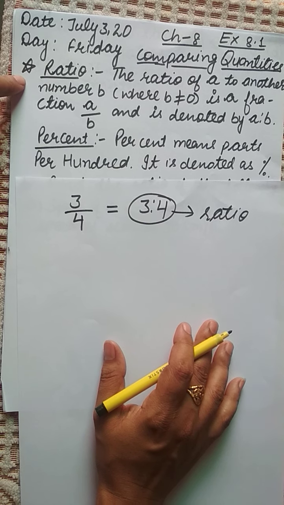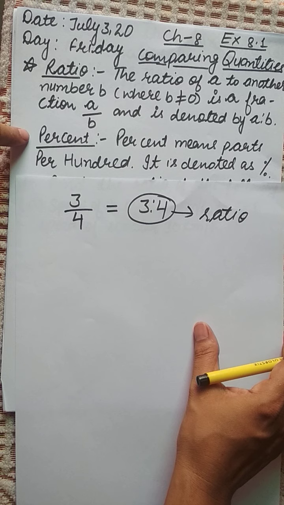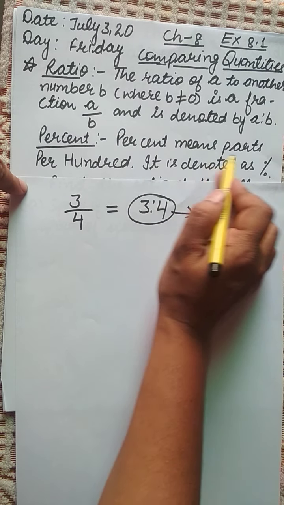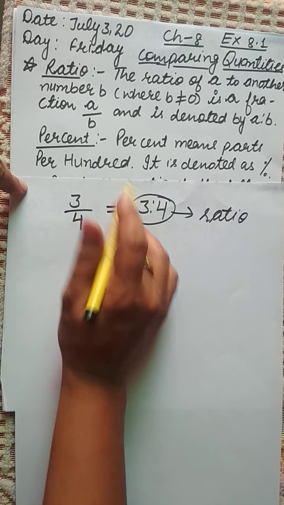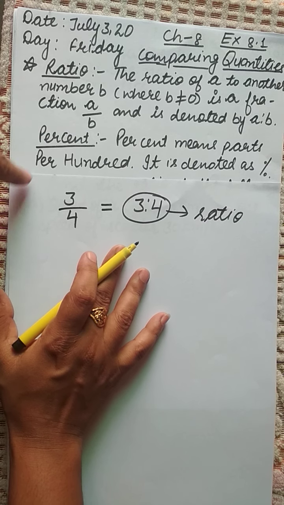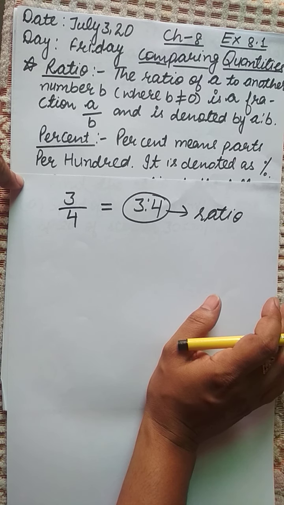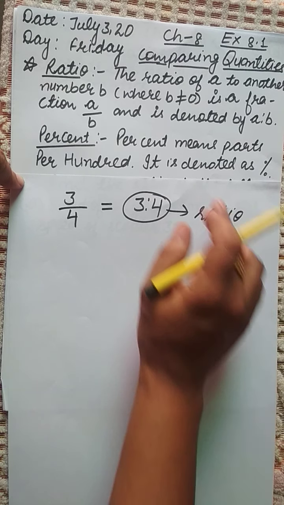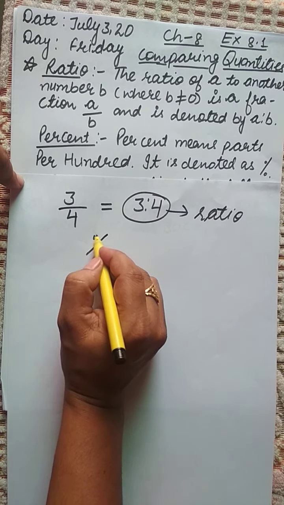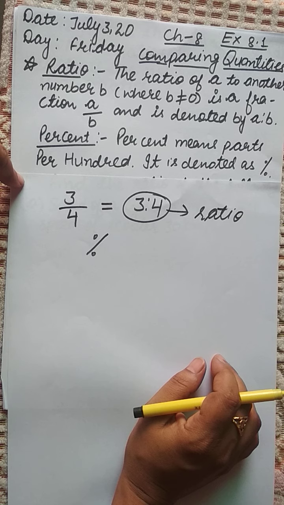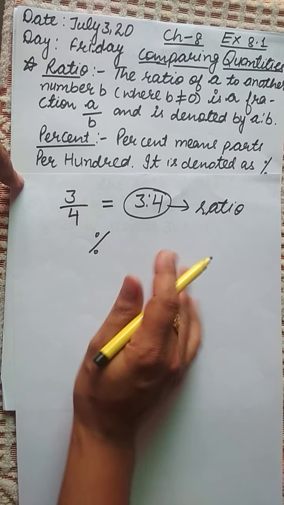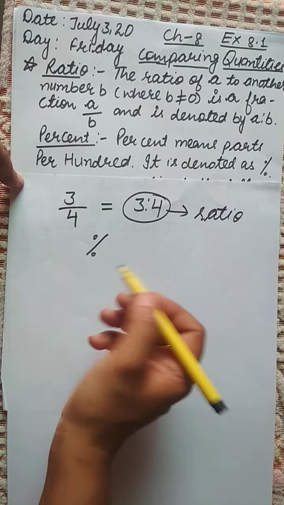Percentage. Percent means parts per 100. Whenever we want to find out the percentage, we simply multiply the given number by 100, and this is denoted by the symbol %. Suppose I want to find out the percentage of this 3/4.